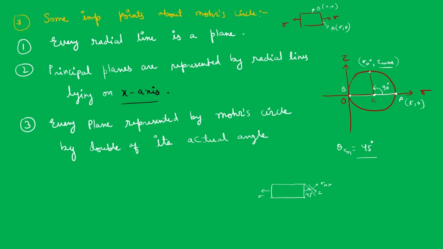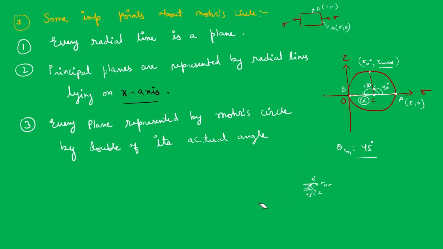And if I see another plane, this particular plane is another principal plane, represented by 90 degrees. Here it is representing 180 degrees. I am talking about BC. This plane is represented by 180 degrees on the circle, but it is half of the angle, so it is actually 90 degrees. You can see it from here to here.